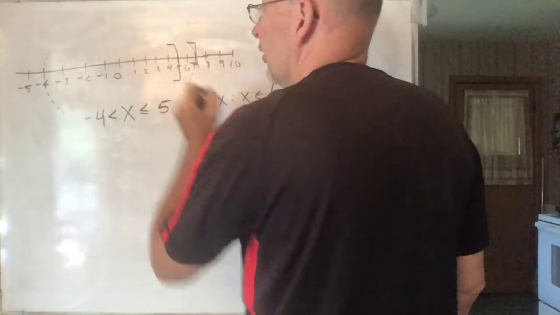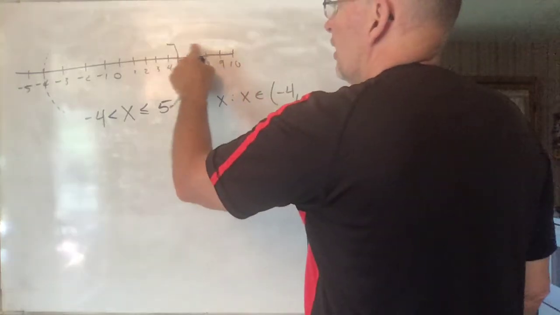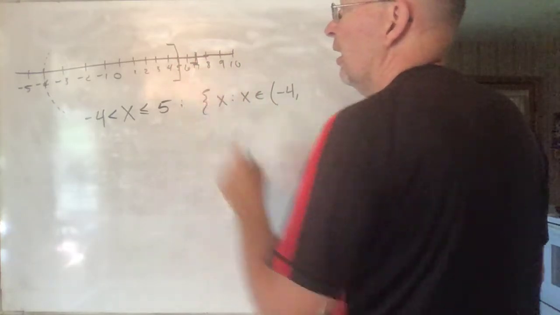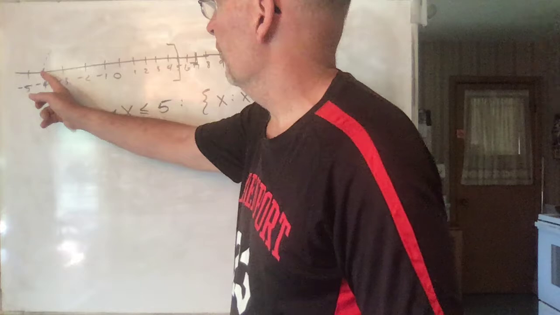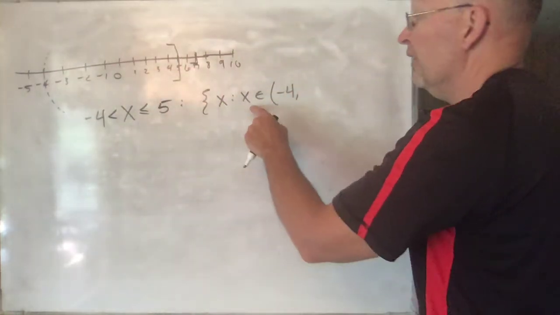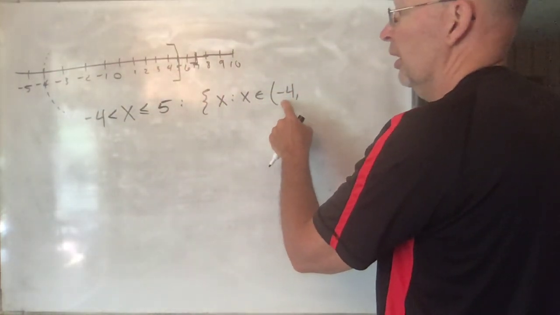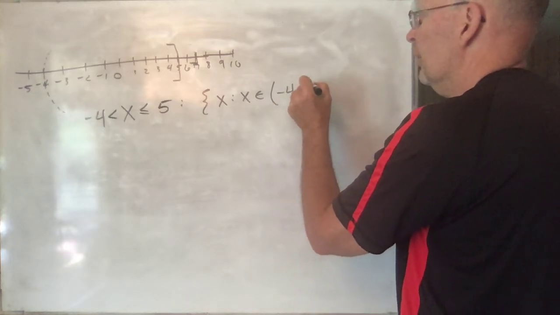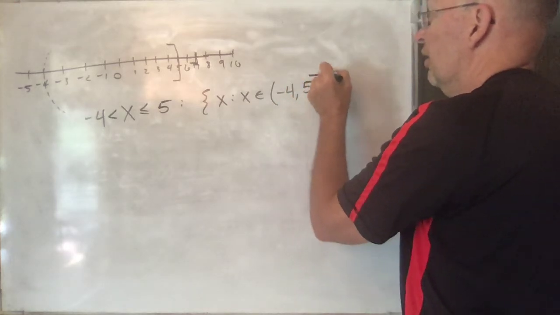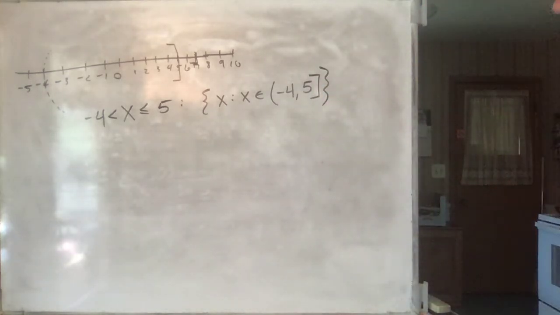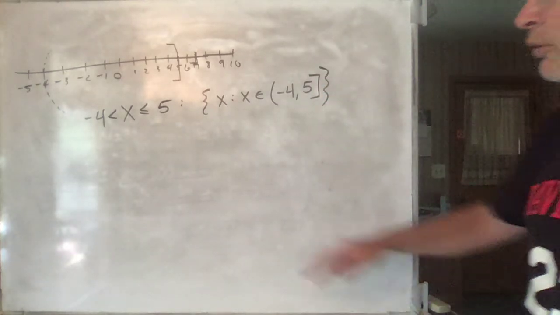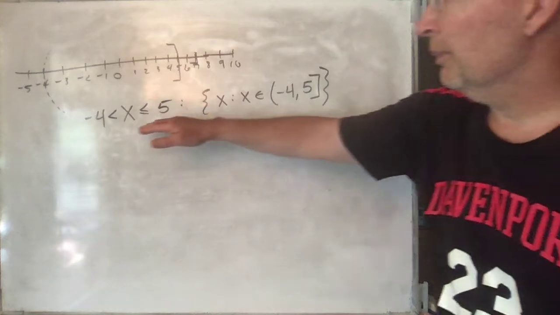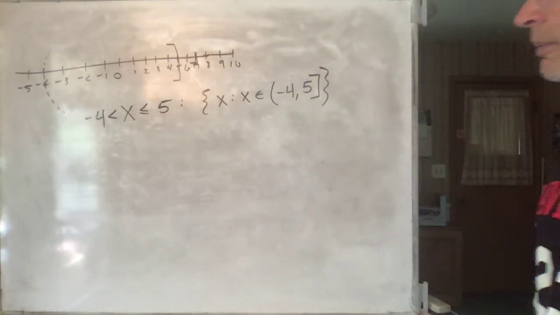You want to be less than or equal to 5. So you want to be somewhere from negative 4 to 5. So you want all the x's which are greater than negative 4, but less than or equal to 5. So you would express it like that. These two things are saying exactly the same thing.